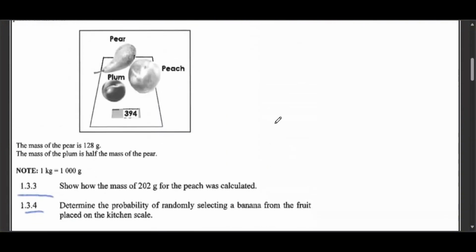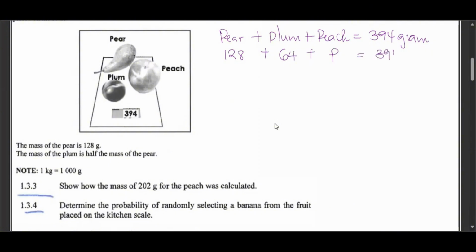Look at the other question, 1.3.3. In the same scenario, they're asking us to show how the mass of 202 grams for the peach was calculated. Remember, as I explained to you, we have the pear plus the plum plus the peach. They should end up giving us 394 grams. The pear is 128. The plum, they told us, is half, which means it's 64. Plus the unknown should give us 394.